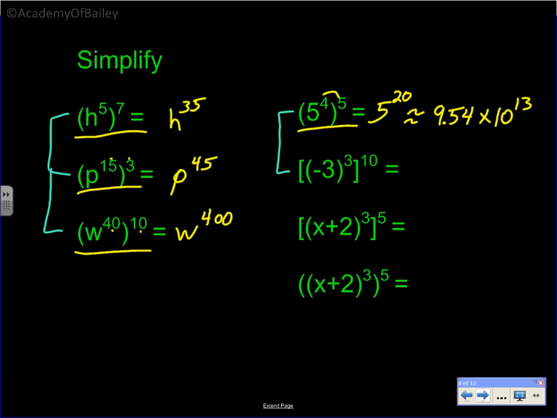And the next one down, we're going to have -3 raised to the third power raised to the 10th power. Now remember, we're raising -3, so we have to put it in parentheses because we got to make sure the negative sign stays with the 3. So you put -3 there. -3, and what about 3 times 10? 30.